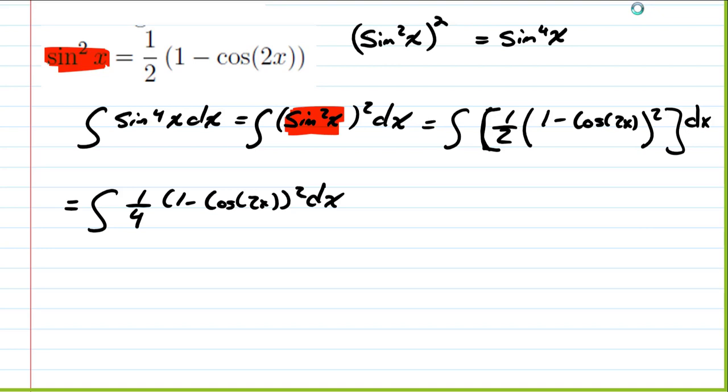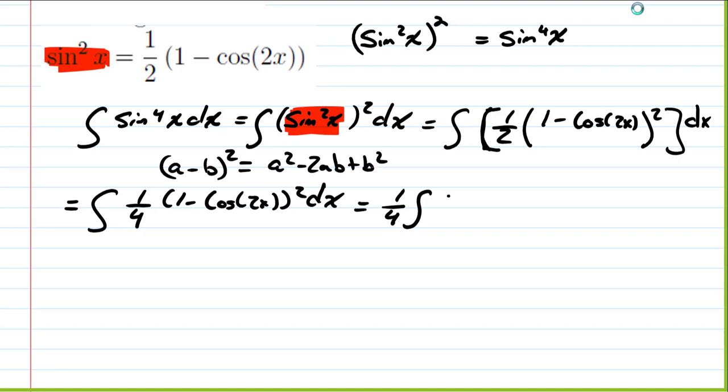And I do need to FOIL this out. So pulling my 1/4 out in front of my integral, I need to multiply out the binomial 1 minus the cosine of 2x. So a minus b squared is going to be equal to a squared minus 2ab plus b squared, right?